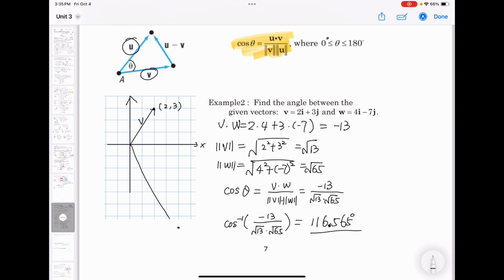Okay, let's connect them. Okay, so the angle theta is 116.565. You don't have to graph it if the question didn't ask you to graph. But by the graph, you can tell that your theta is an obtuse angle, more than 90 degrees.